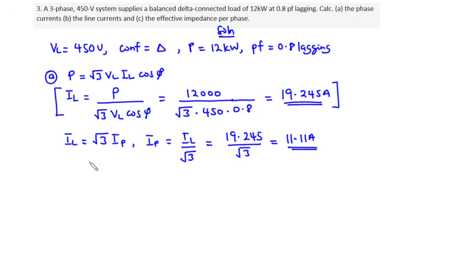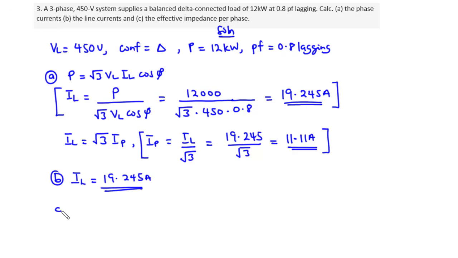So this is the value of the phase current. Now the value of the line current, we had that in our calculation to be 19.245 amperes. So we are done with that.